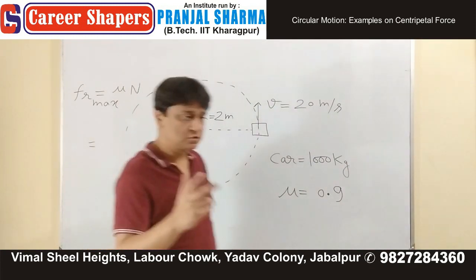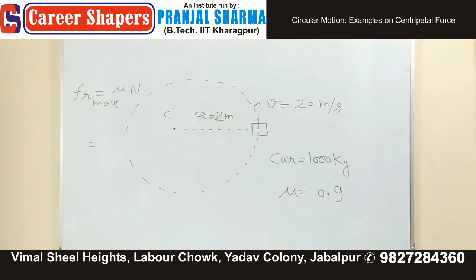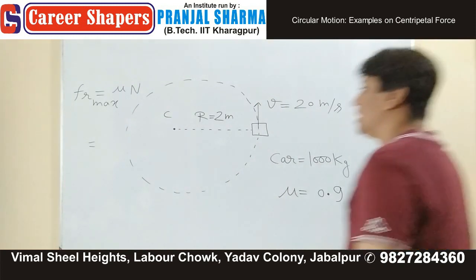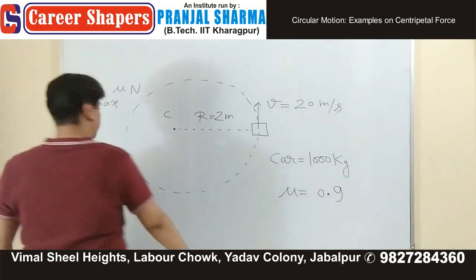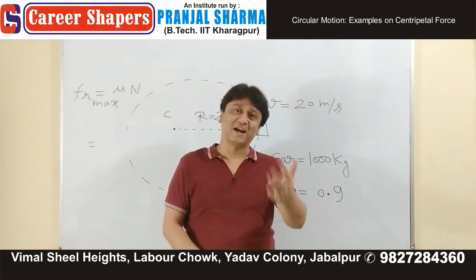If they had given us two values of mu, static and kinetic, then what is the mu which you will take? And as usual, everybody is answering kinetic, but the answer is what? Static.